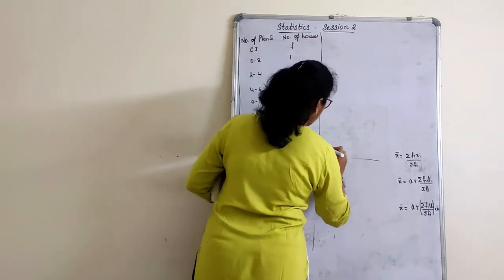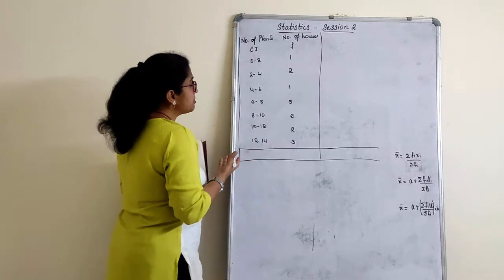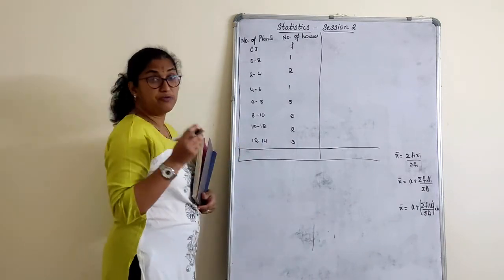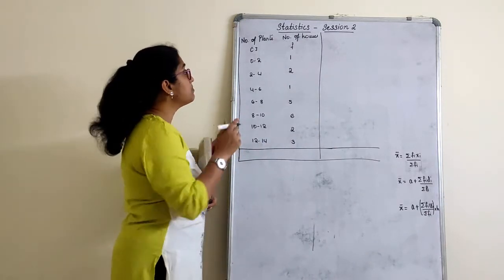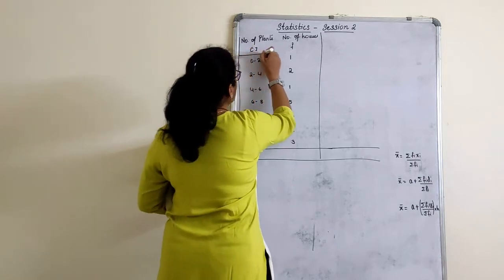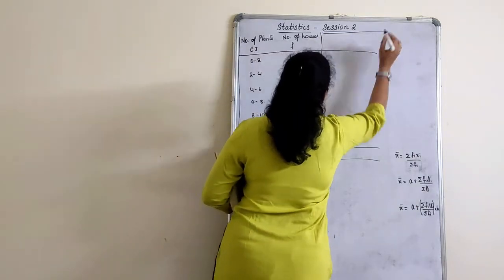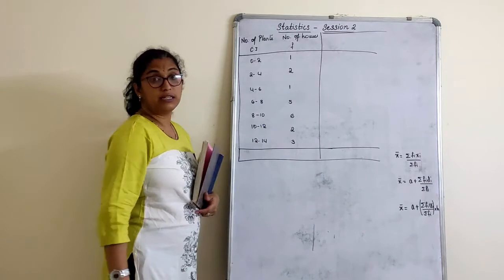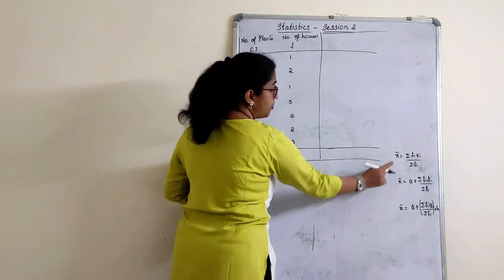First of all, since the data is very small, the class interval is small, the number of houses and frequencies are very small, we will do this by the direct method. Since we are doing this by the direct method, look at the formula.